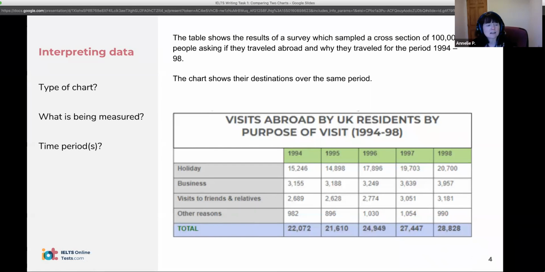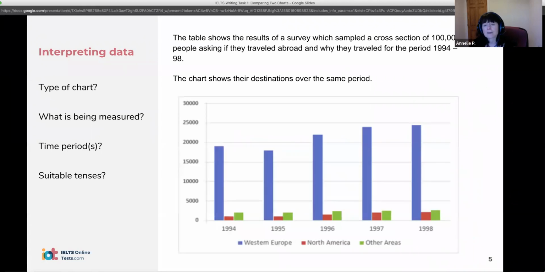That's right, it's here as well. So given that it's 1994 to 1998, what kind of tense should we be using? Okay, very good. Everything needs to be in the past tense, but do pay attention to the time period before you start. Sometimes it goes into the future, so it's really important to check that, okay?